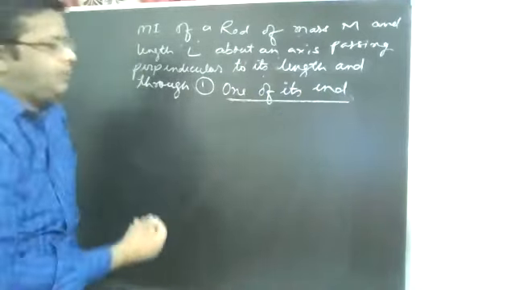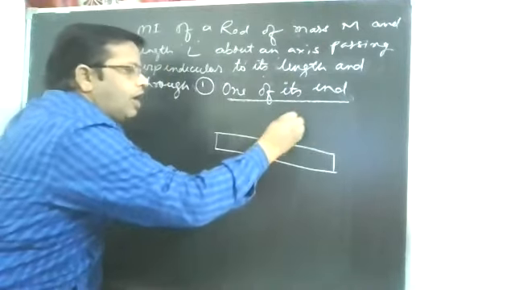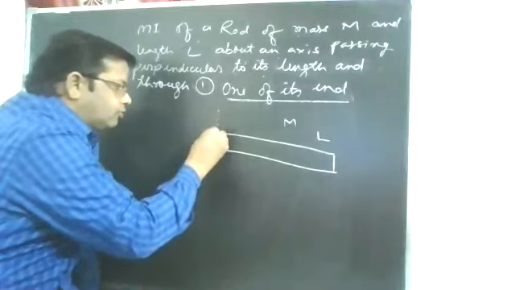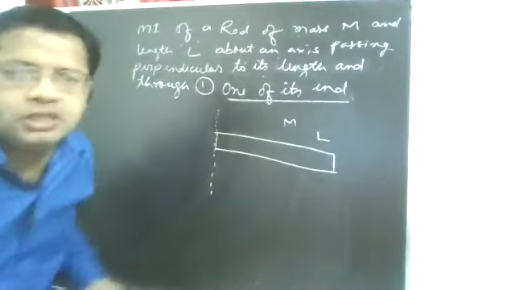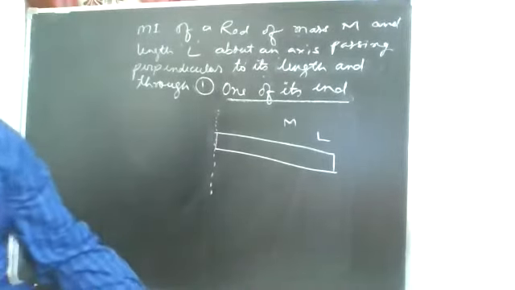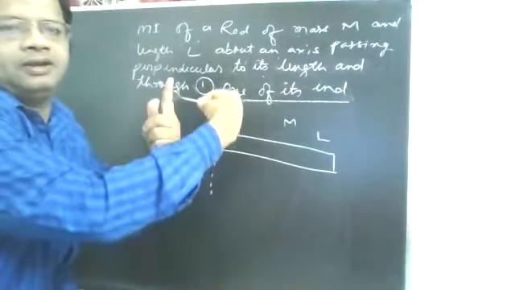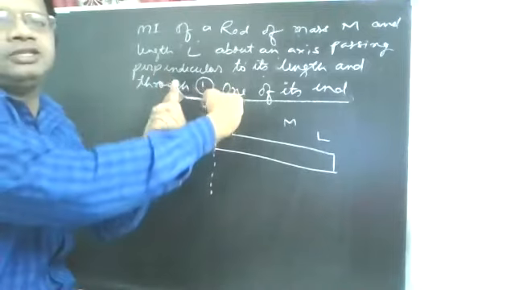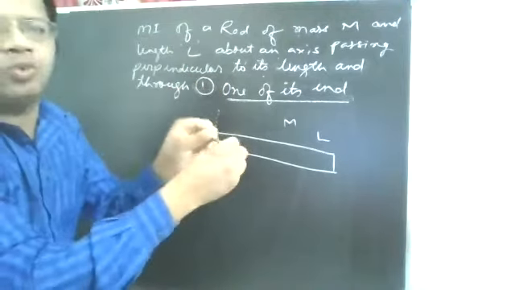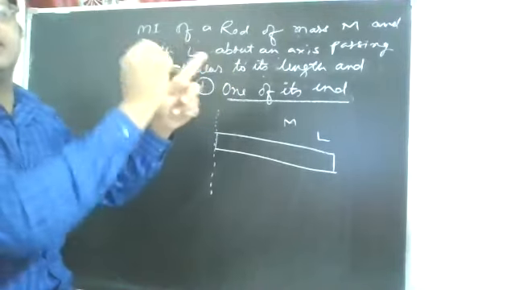Now this is the first part. This is the rod. What is the mass of the rod? M, and its total length is L. Now this is the axis of rotation. It means that if any rod is there, it will rotate like this, because one end of this rod is attached here, clamped here.